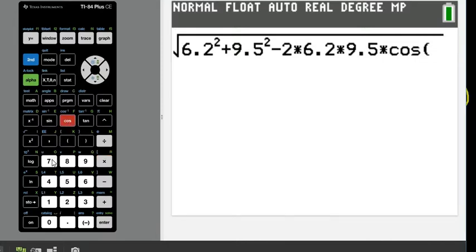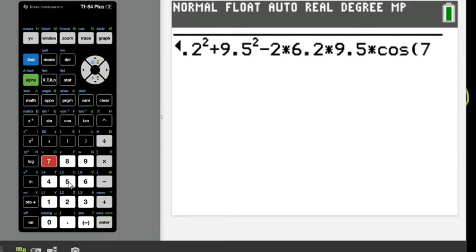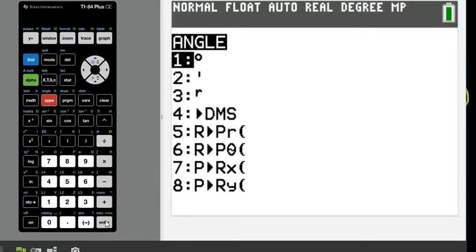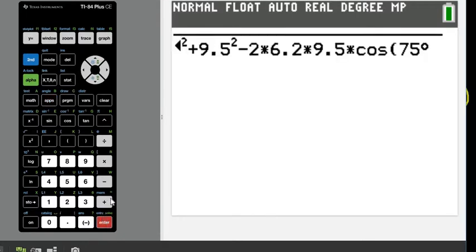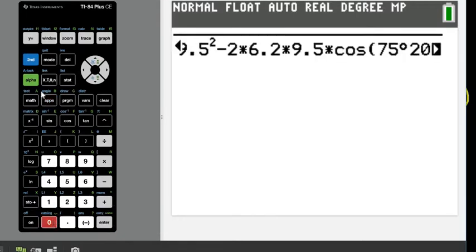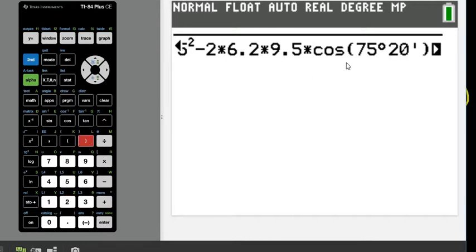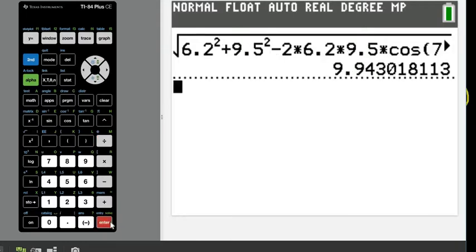And then remember, you would put your 75 first and hit second, the apps button above it says angle, and you're going to select degrees, and then you would do 20 minutes, so again second apps, and you're going to select option 2. Because we put it in degrees and minutes, the calculator will for sure see it that way, but always check your calculator to make sure you're in degree mode when using law of cosines, unless you tell it to be in degrees like we just did.